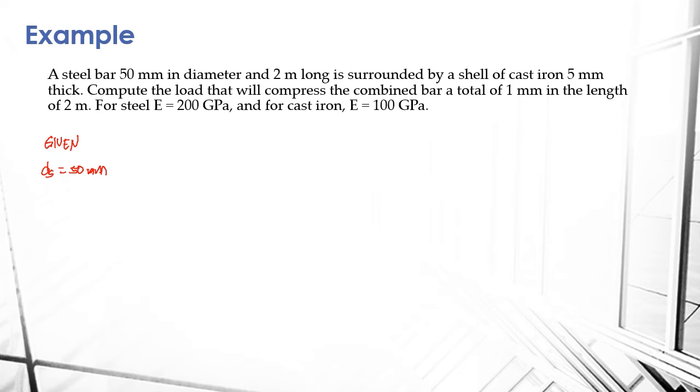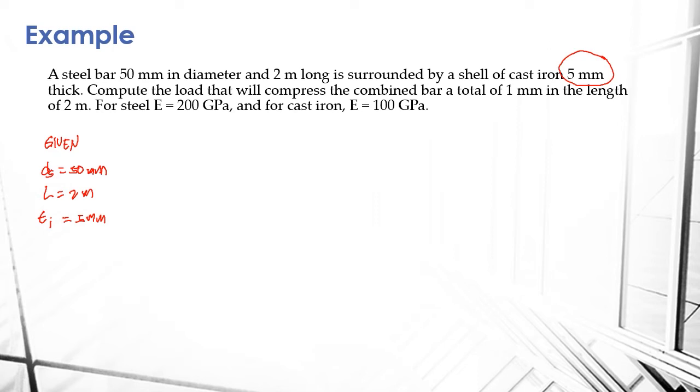So, the length of both is 2 meters. It is surrounded by a shell of cast iron 5 mm thick. So, the thickness of the cast iron is equal to 5 mm.